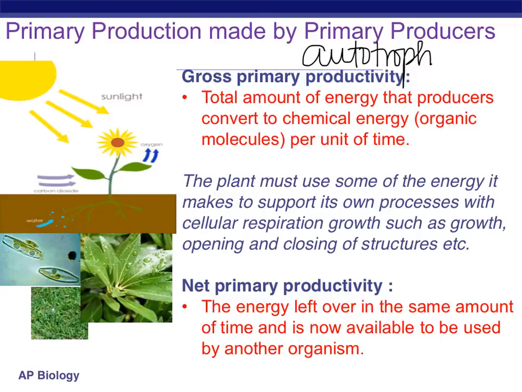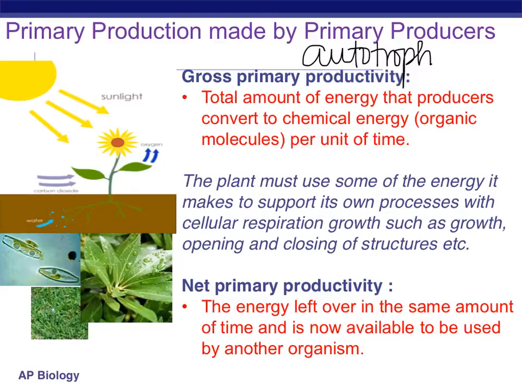So once that organism has utilized some of the energy to do its day-to-day activities, we have our net primary productivity, which is all the energy left after the organism has taken care of its own needs. So think of it as your net paycheck. After they take out all of those deductions, it's the money you're actually bringing home. Your net primary productivity is the chemical energy that's left available to be used by a different organism.